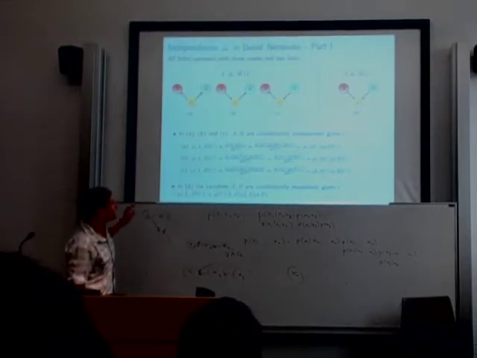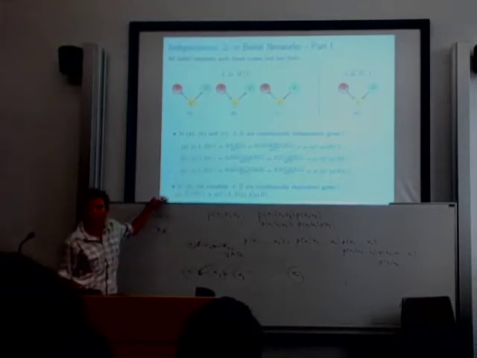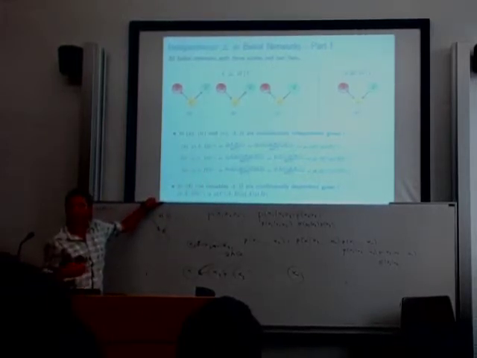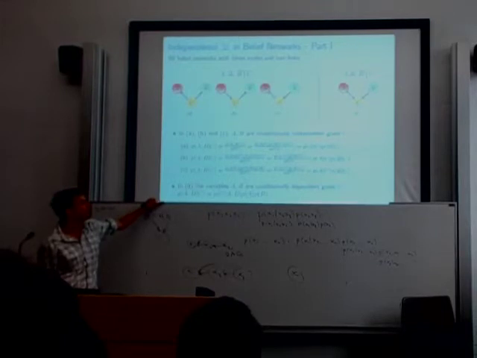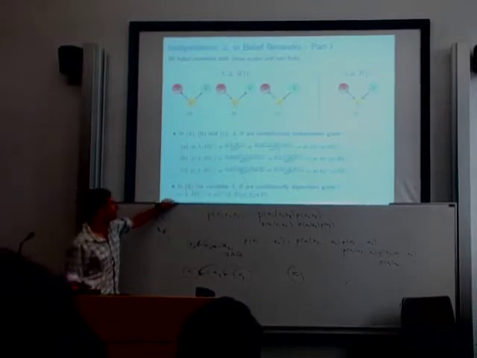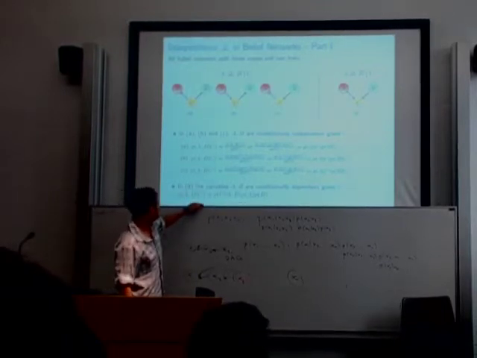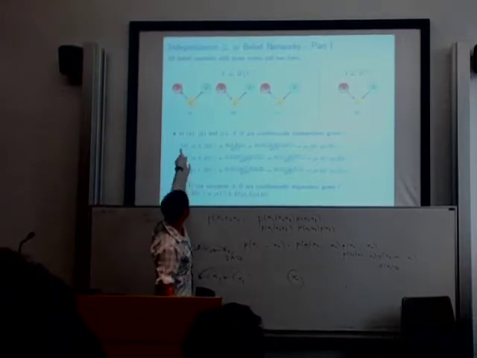Then what I'm interested in is which of these DAGs are the same in terms of the conditional independence assumptions that we are specifying. You can use Bayes' rule, for example, on the first one.